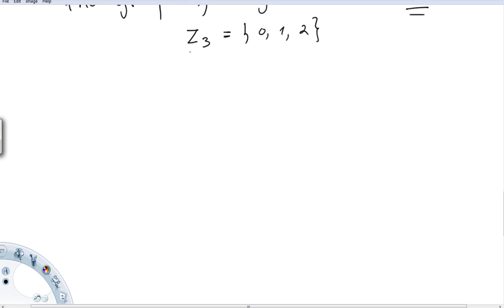For instance, here in Z3, you would have the set Z3 and you would be adding modulo 3.